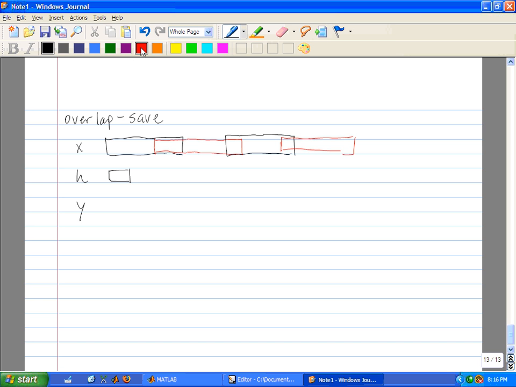So you're essentially going to take the non-overlapping samples from the first convolution, the non-overlapping samples from the second convolution, and the non-overlapping samples from the third convolution, and you just lay them end to end.